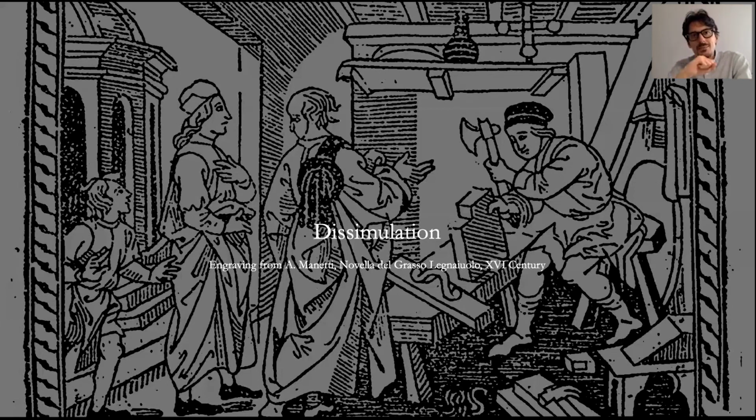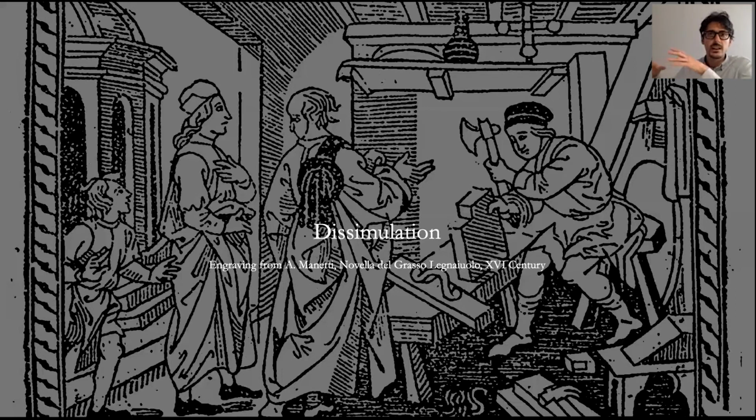And this picture you see here in the background comes from a very interesting short story written by Manetti, a Renaissance storyteller, let's call him that. And this story is called The Fat Woodworker. It is very interesting because also Brunelleschi, a very famous Renaissance Italian architect, was involved in this story.